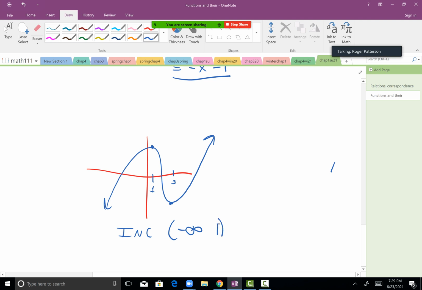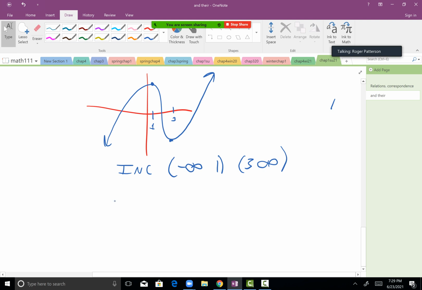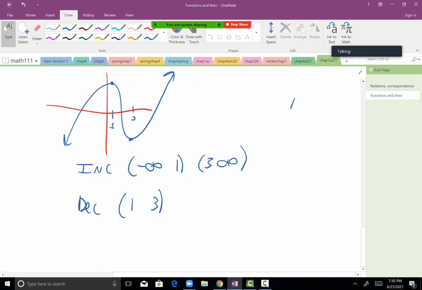I'm only looking at the x coordinates, not the y's. And from 3 to positive infinity. Okay, and then decreasing from 1 to 3. That's how we do intervals of increasing, decreasing.